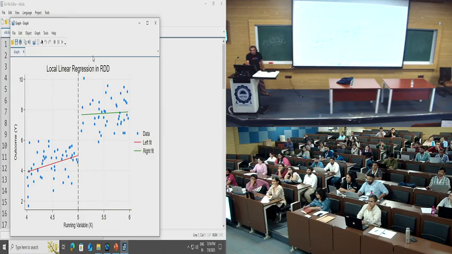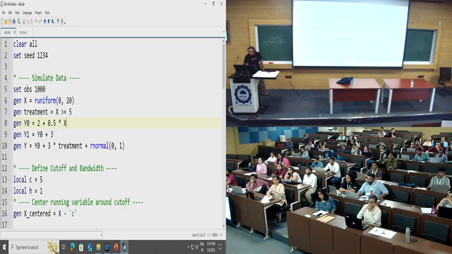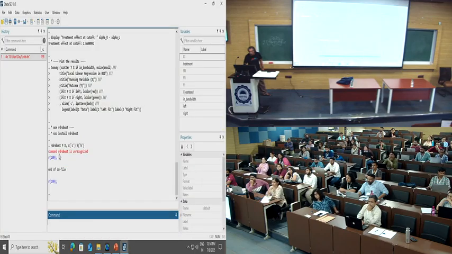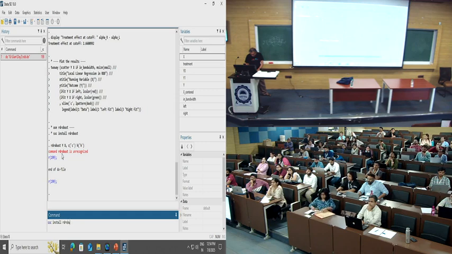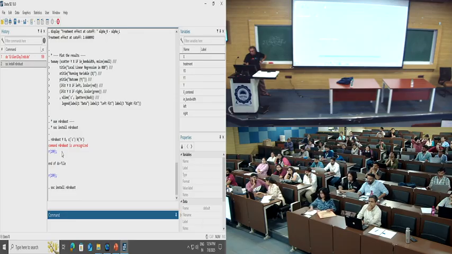I feed this line, I feed this line. At 5, the jump has occurred. And if you look at it, where is the window? There. This command is not there. So just install it. It would take maybe 1 minute.